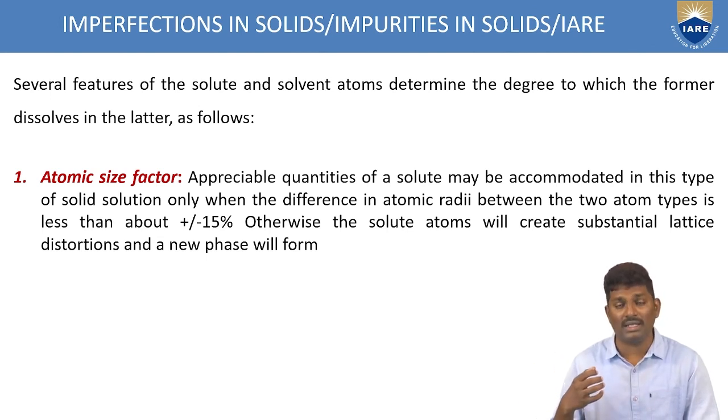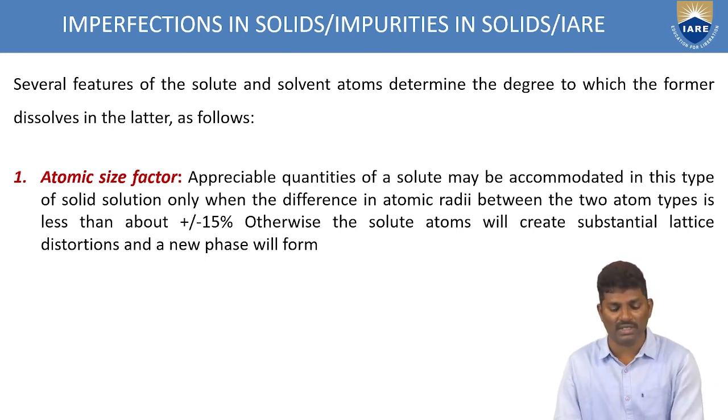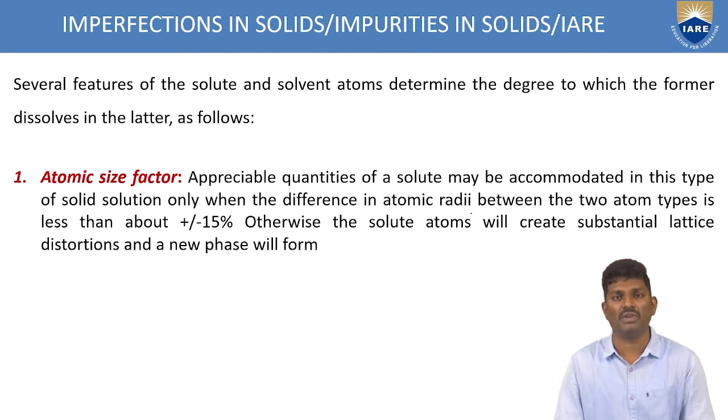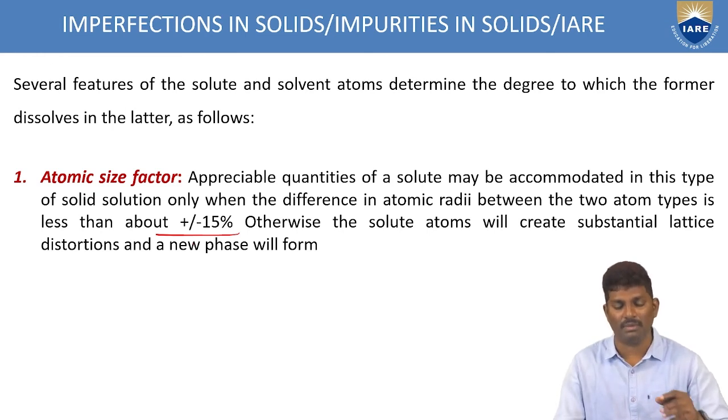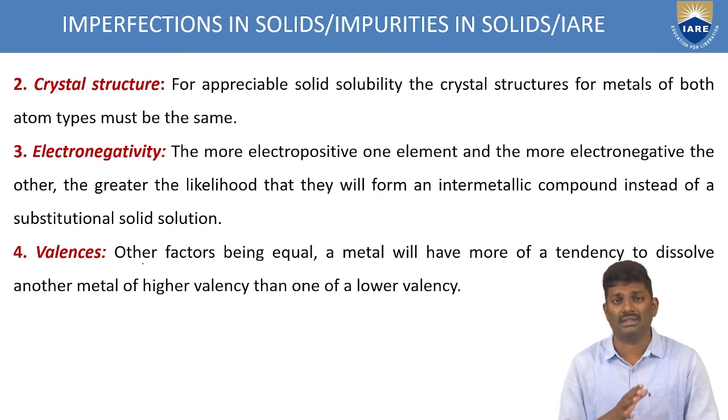The quantity of solute can be accommodated in these solid solutions only when the difference in the atomic radius between the two atoms is not more than plus or minus 15%. If it exceeds this value, then the atomic size factor can be influenced. This can be changed and distorted, and a different new phase is formed because of the solid solutions.